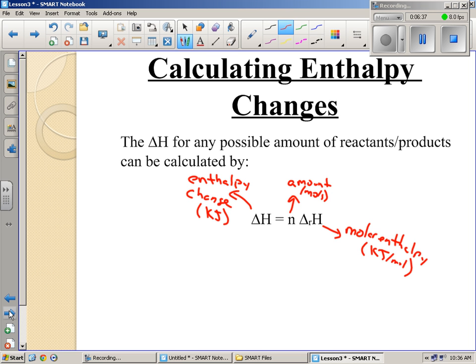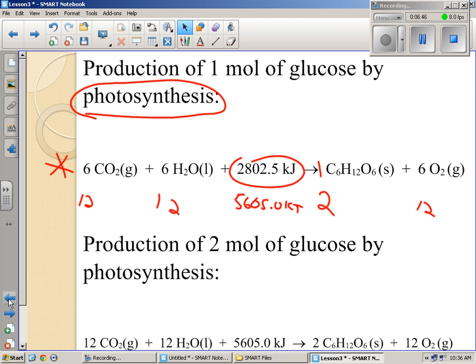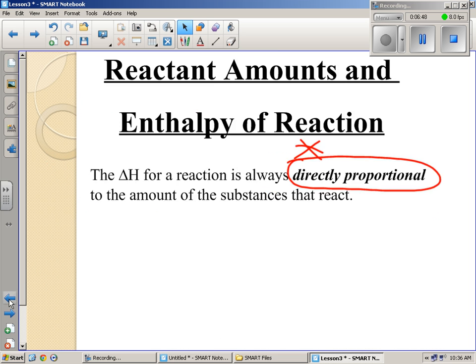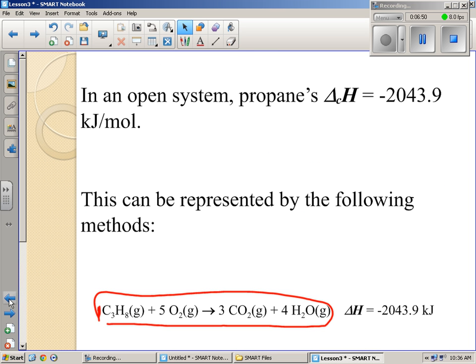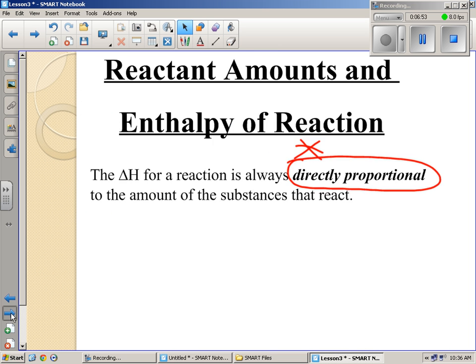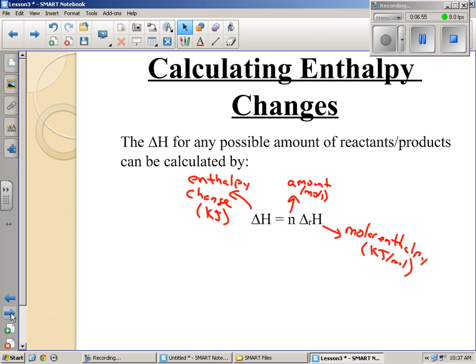So, if we're thinking about this formula here, just think about this for a second. Look at that formula. I'll give you an example. Pretty straightforward. Let's go back to this one from yesterday.